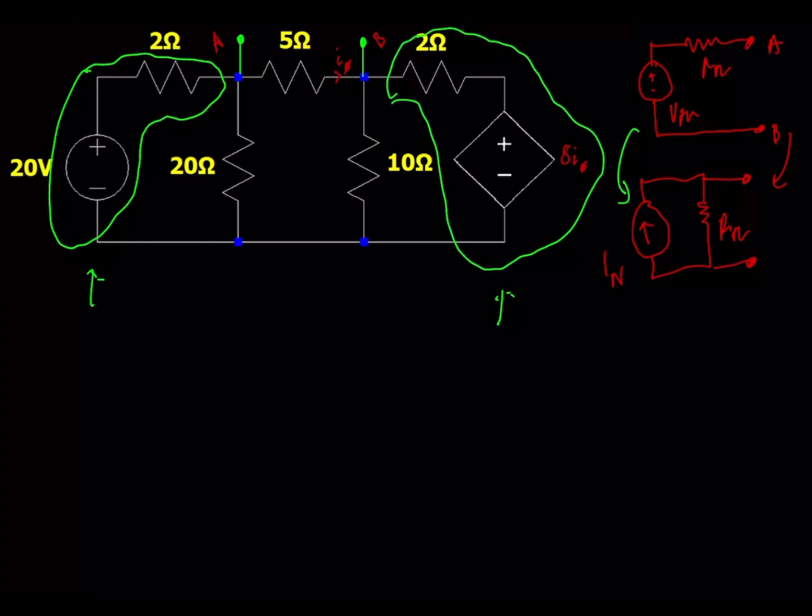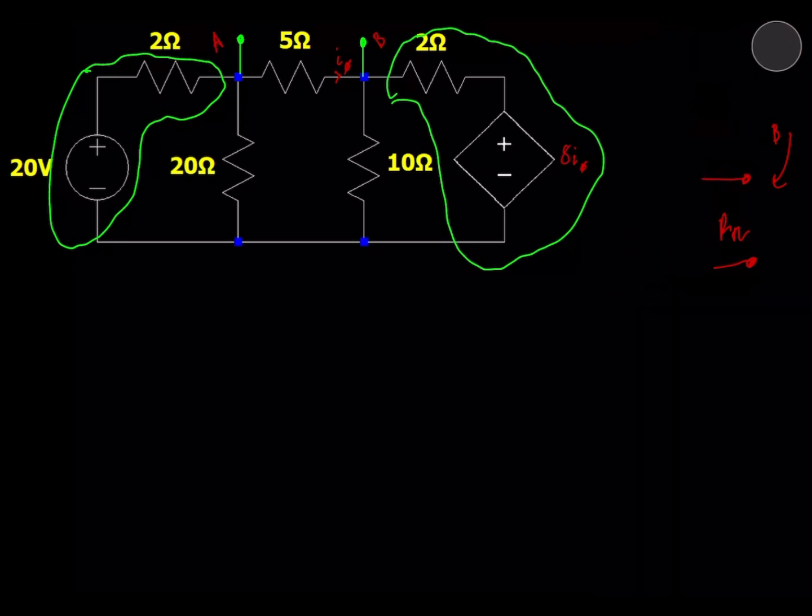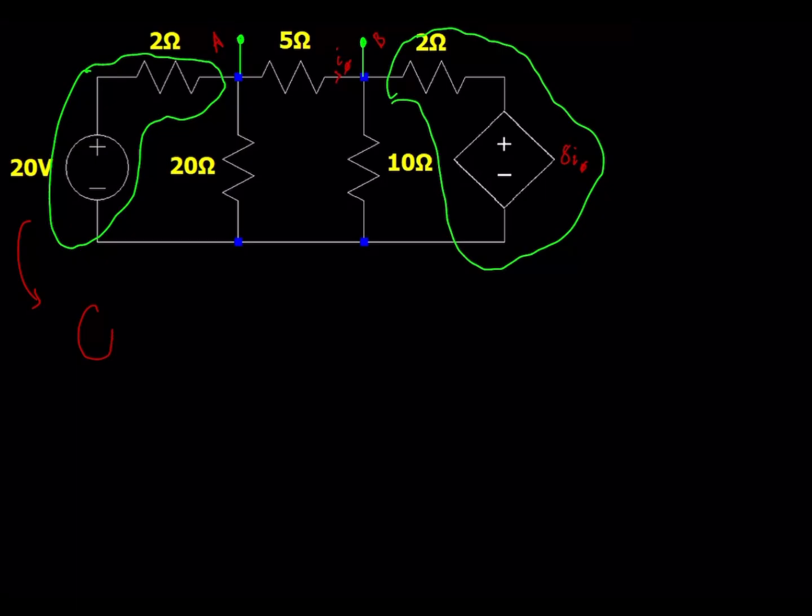So we're actually going to do that. Let's get some space here. So we're going to alter this circuit just a bit. This current source will be in parallel with this resistor, and I'll have the changes we make to the circuit in red, and then we'll keep the original circuit in green here.